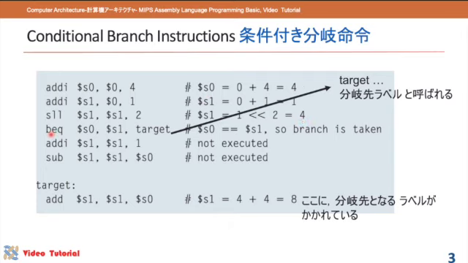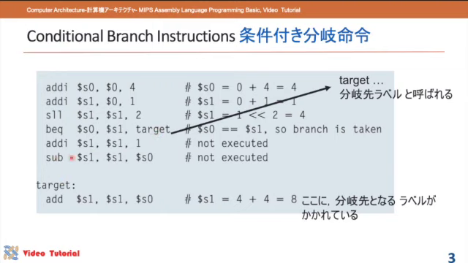Here you go, the statement branch if equal, and the registers are S0 and S1. At this point both S0 and S1 are the same, so it jumps to the label target.